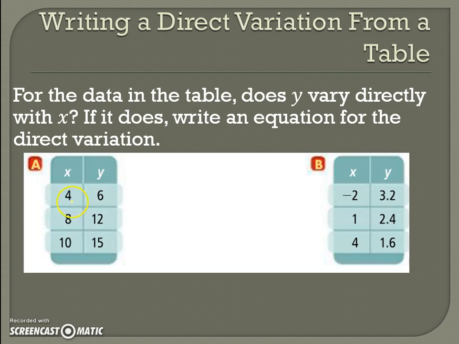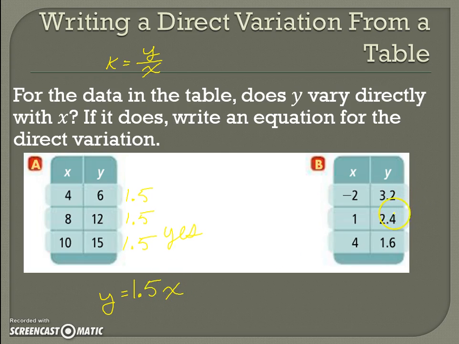Divide y by x. Remember, I want to know, is the constant of variation present? So 6 divided by 4 is 1.5. 12 divided by 8 is 1.5. 15 divided by 10 is 1.5. So yes, this one does. And the equation is going to be y equals my constant of variation and then x.